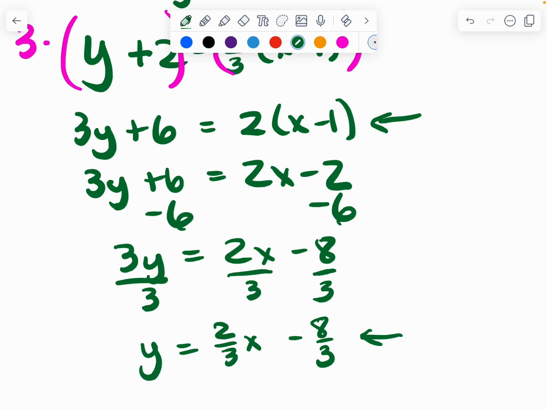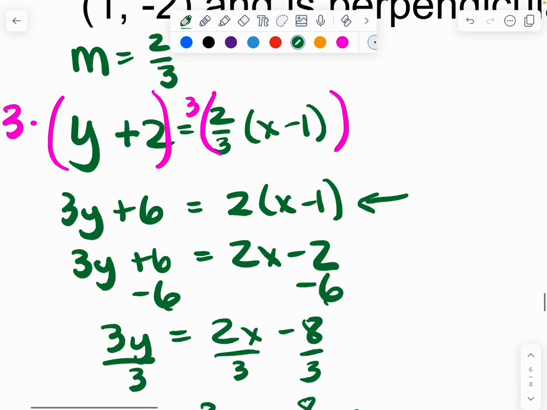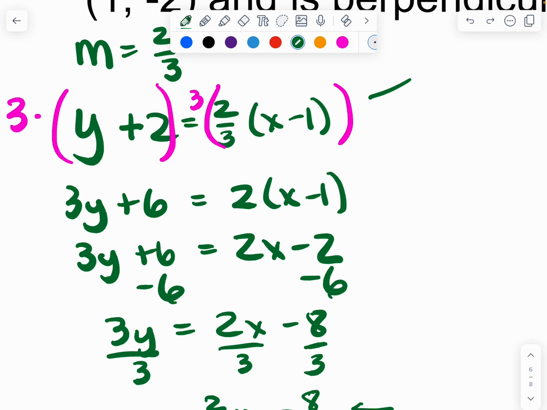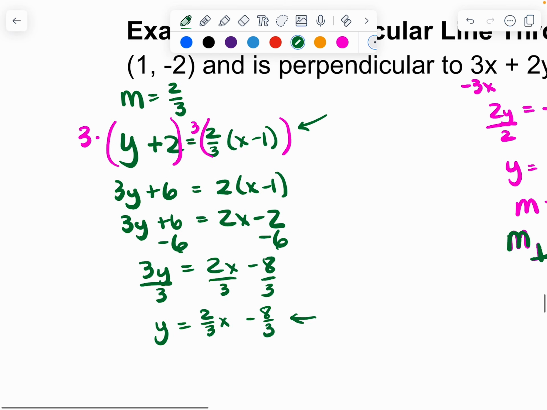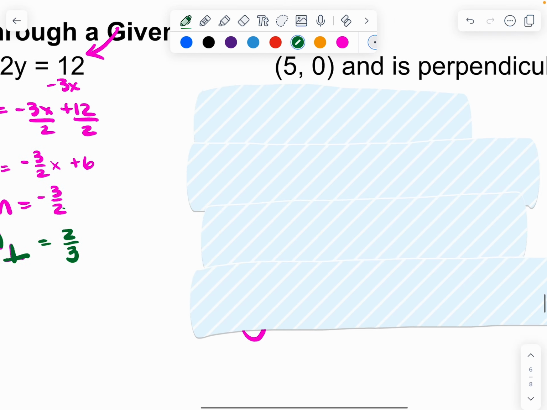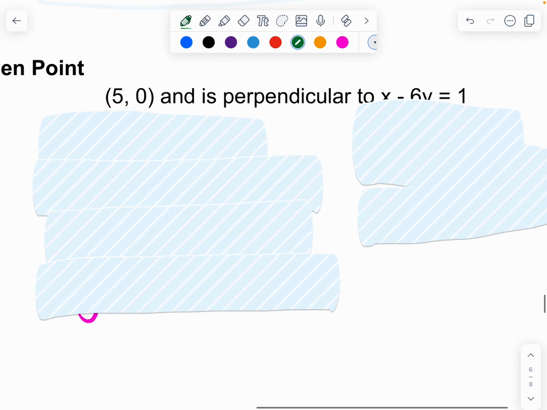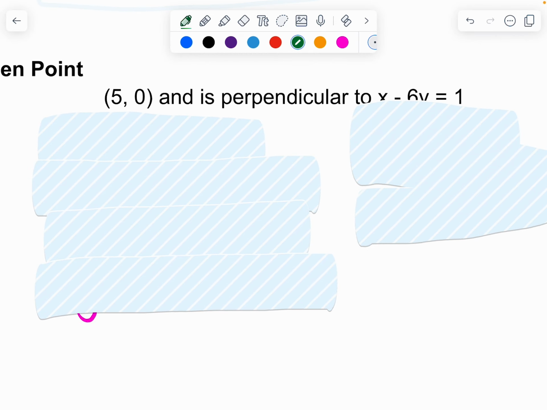Okay, so, oops, that's not the one I wanted. Sorry. This one before it got manipulated. Okay, awesome. So now I want you to do this one over here. First, you have to get the equation and points in slope intercept, so that you can find the slope and then plug it in.